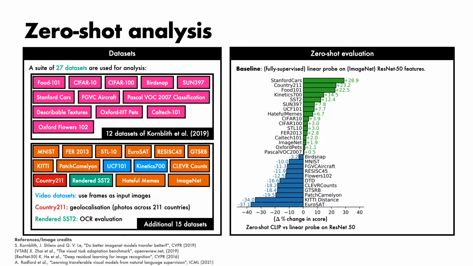Examining the results more closely, we see that on fine-grained datasets, there are cases where CLIP does very well, such as Stanford Cars and Food 101, but there are also cases where it is weaker, such as FGVC Aircraft and Flowers 102. The authors suspect that this result stems from different levels of per-task supervision arising in the WIT and ImageNet datasets used for training.